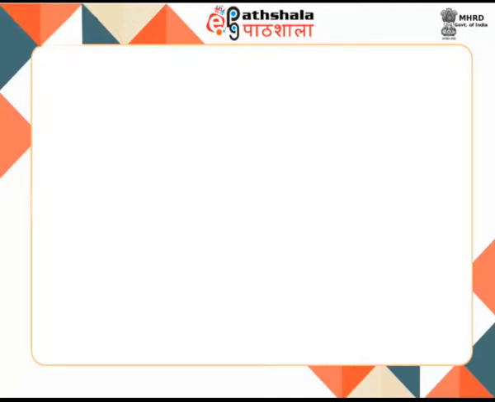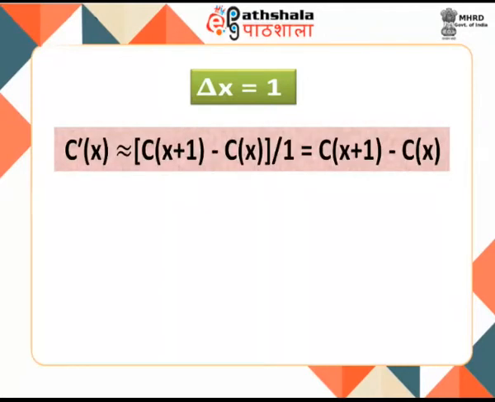Usually, the firm produces many units of x. Then delta x equal to 1 can be considered a number close to 0, and we obtain the approximation of C dash x as C of x plus 1 minus C of x divided by 1, which is equal to C of x plus 1 minus C of x.